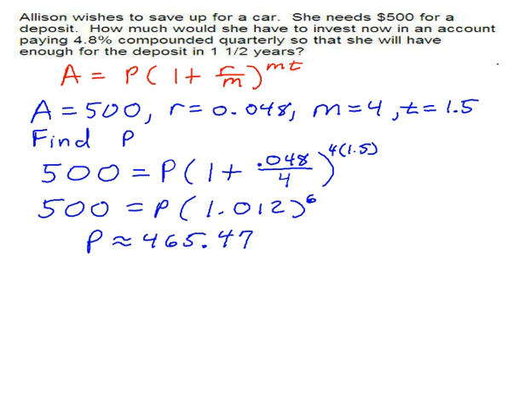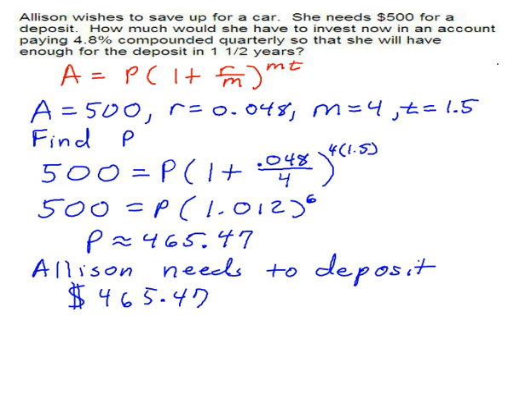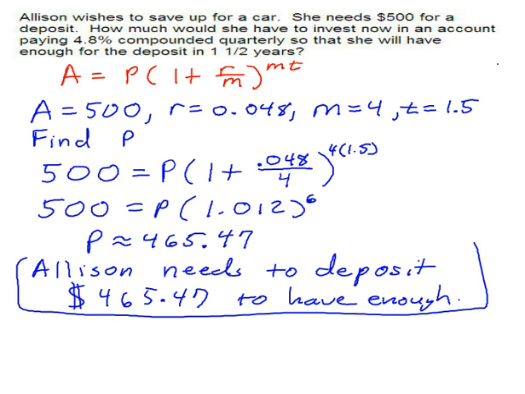So the final answer as a complete sentence would be that Allison needs to deposit $465.47 to have enough money. And this would be the final answer.